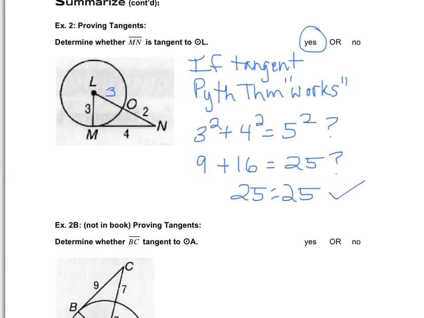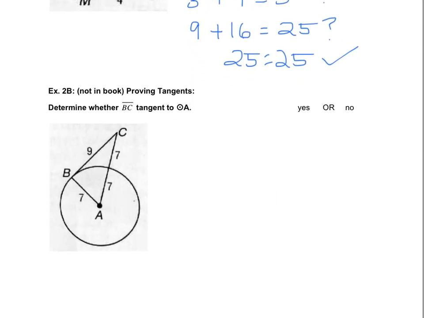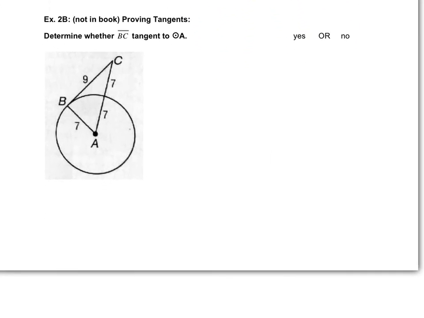Next example, kind of like it, not in your textbook. This time we're determining whether BC is tangent to circle A. And again, it looks like they've labeled all the pieces that we need. So the question is, does the Pythagorean theorem work?